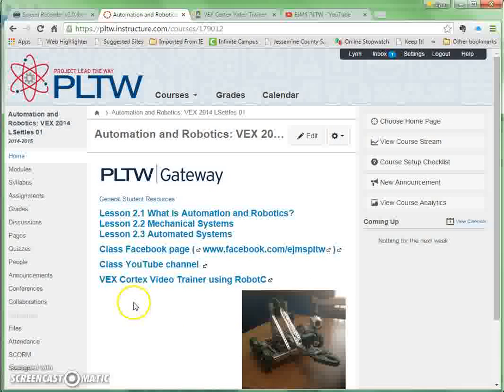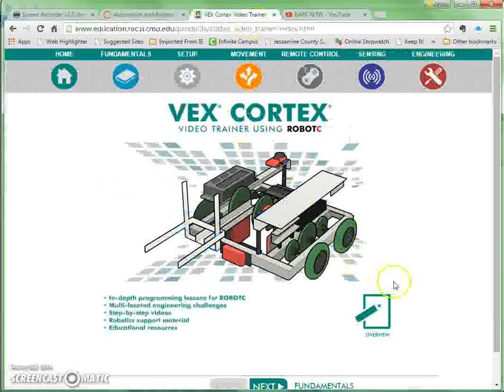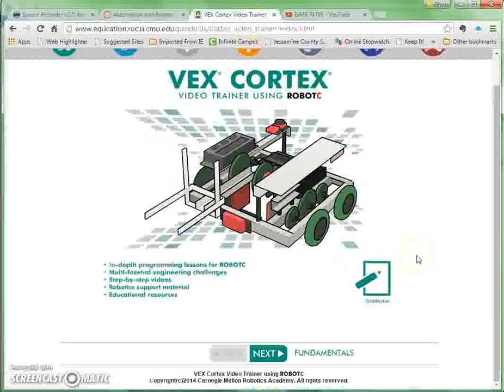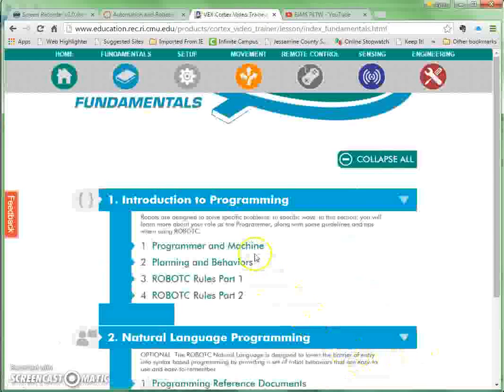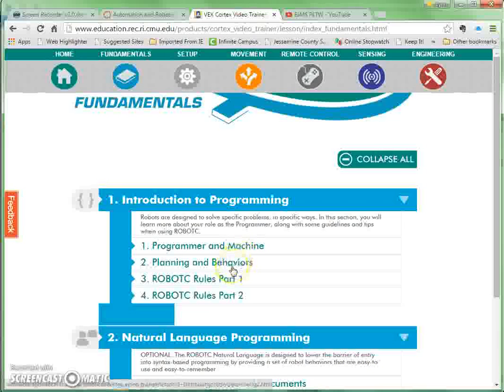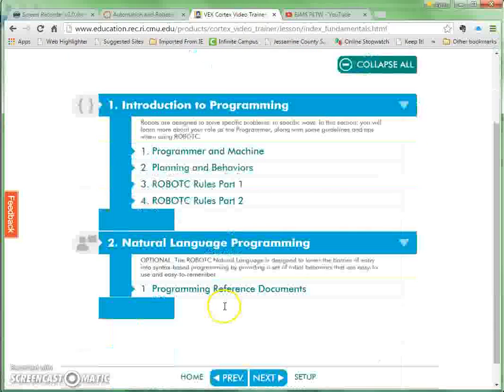In addition, you might want to spend some time with the VEX Cortex Video Trainer. We've got that available to us online, and if we go in there, definitely review some of the lessons that we looked at. Planning and behaviors would be good. We looked at Robot C Rules Part 1 and Part 2 in particular, but it would be good for you to also look at some of these other ones, like the natural language programming.